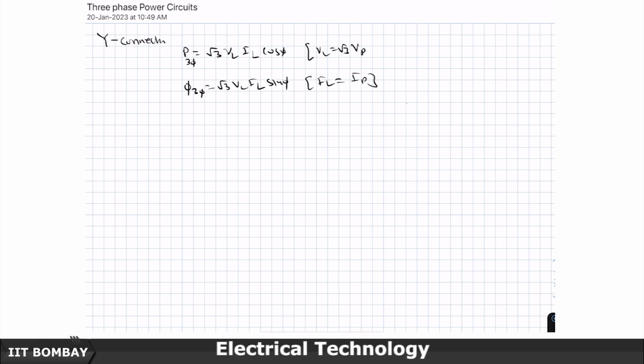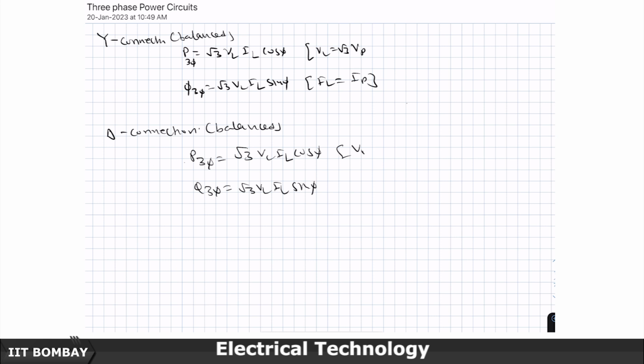For a delta connection, the power expressions remain the same, but the current and the voltage expressions take a dual form. So, for delta connection also, balanced again, I am going to show that P 3 phase is still root 3 VL cos phi, and Q 3 phase is still root 3 VL sin phi, but the phase voltage is equal to line voltage here, and the line current here is going to be root 3 times the phase current.